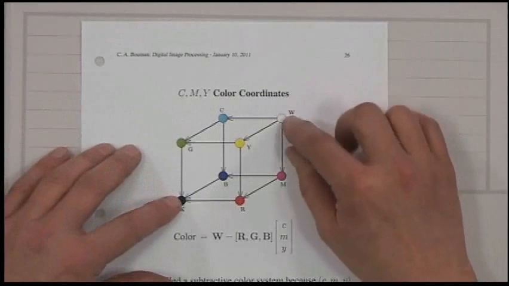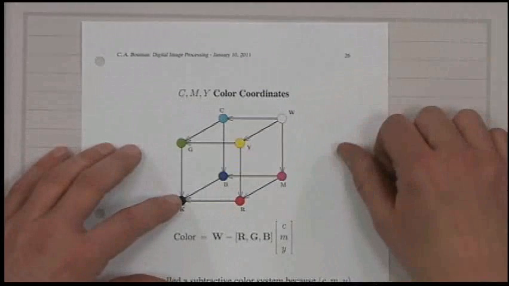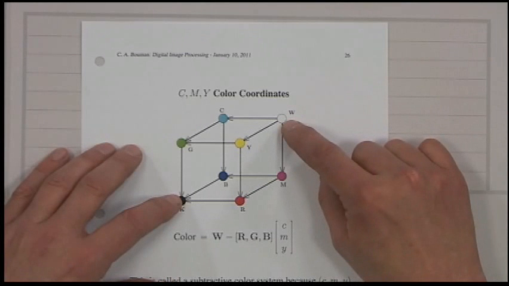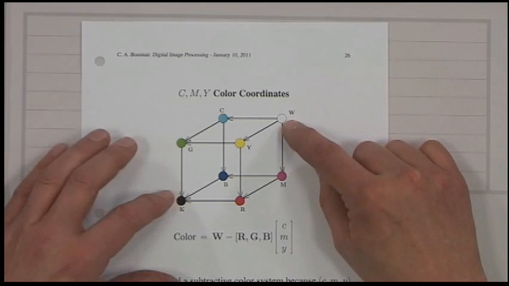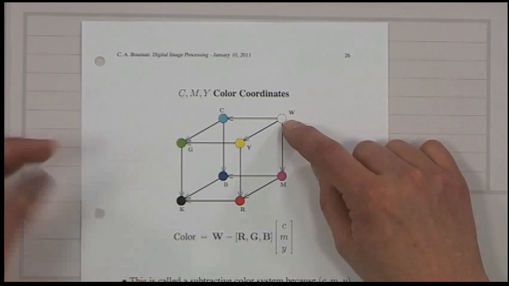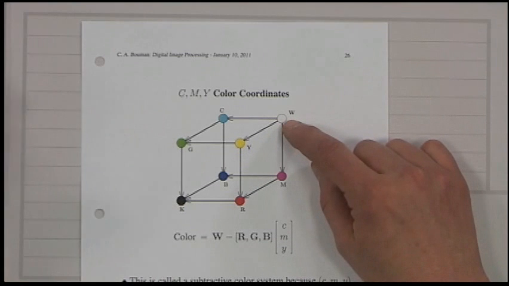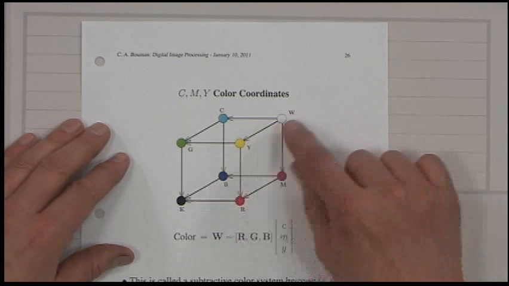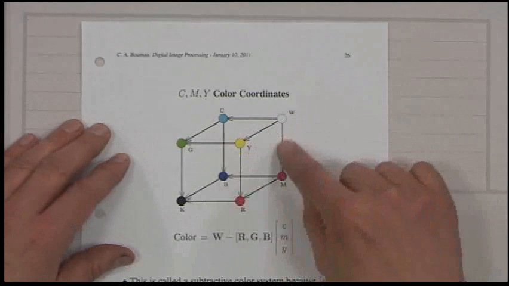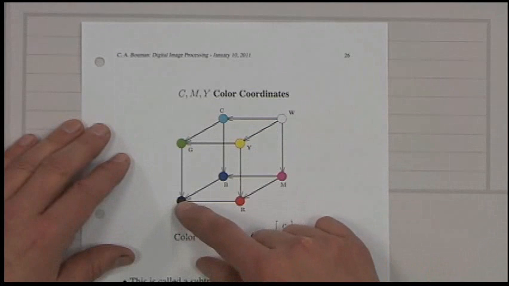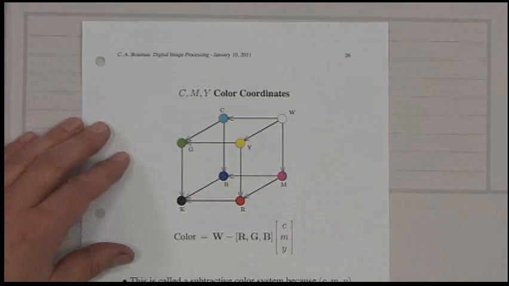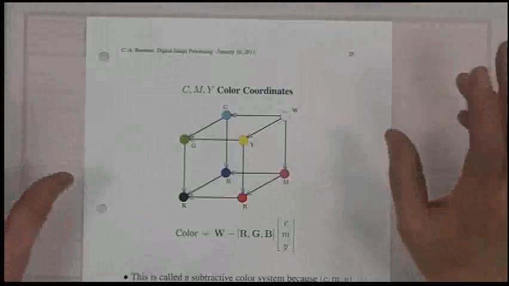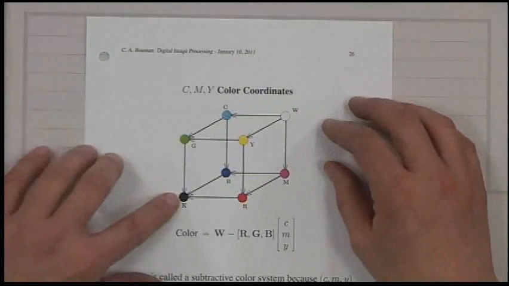Then you put colorants or inks or dyes on the paper, and if they're not fluorescent, they can only absorb light. They can't produce light, so they subtract color out. If you put all the different colors on the page, you get black, at least in theory. In practice, it may not quite work out that way for various physical reasons, but you'll get at least an approximate black.